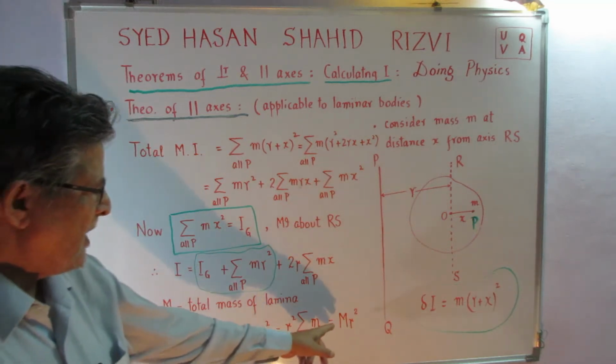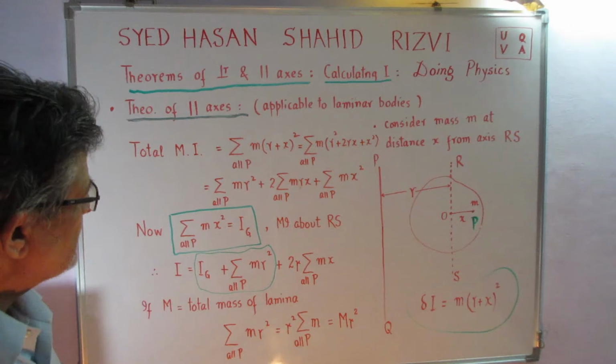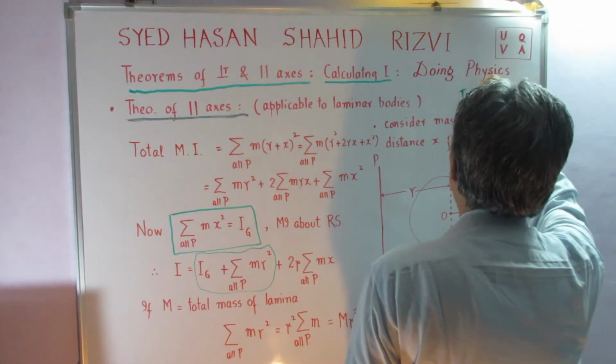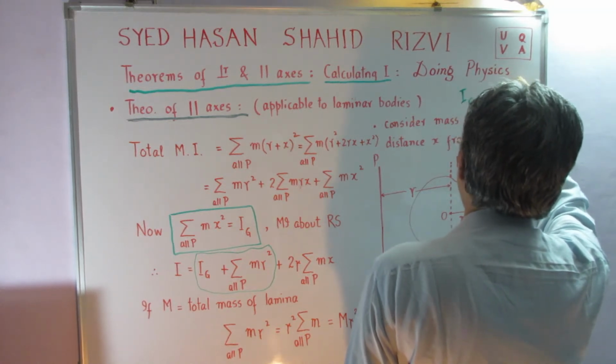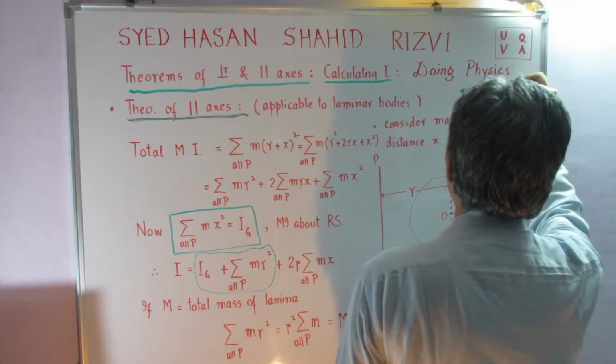So Ig plus mr square, where r is the separation between the two axes.